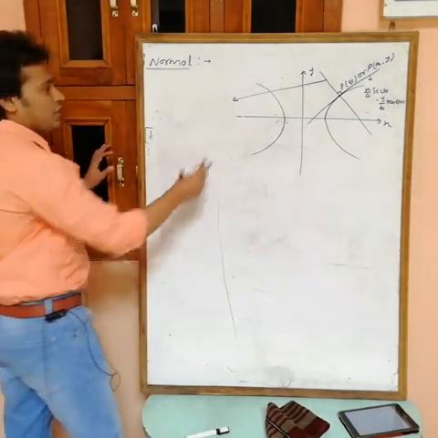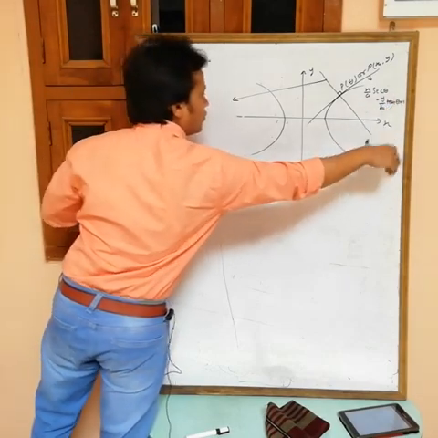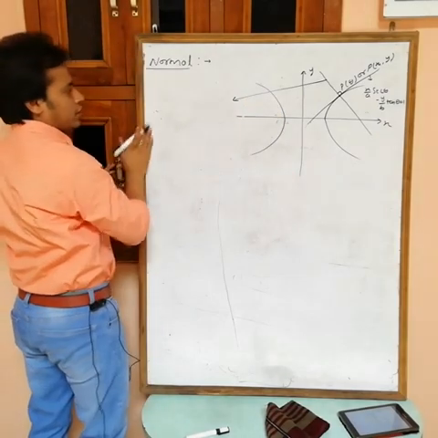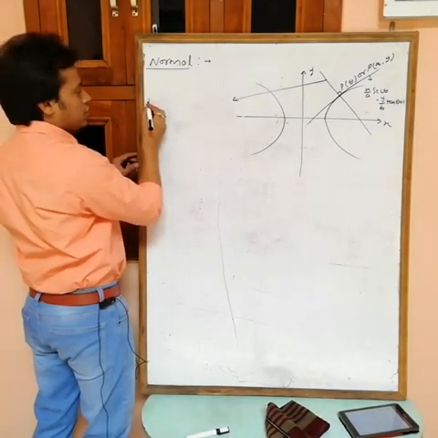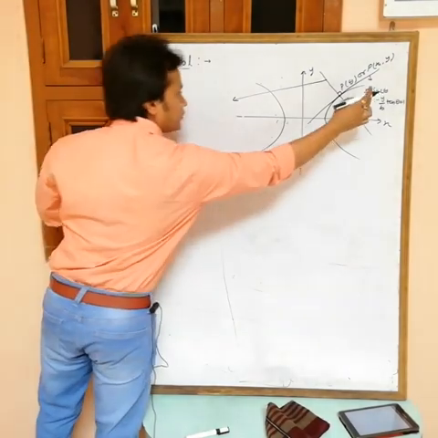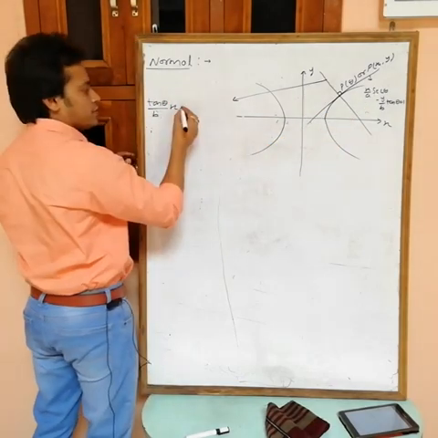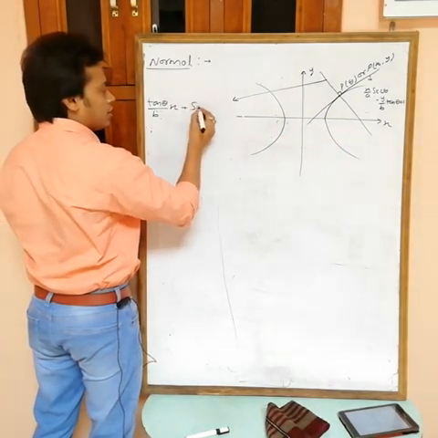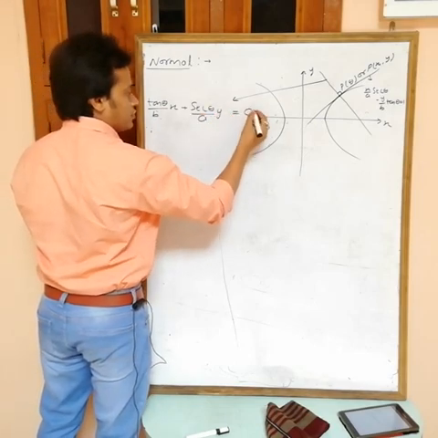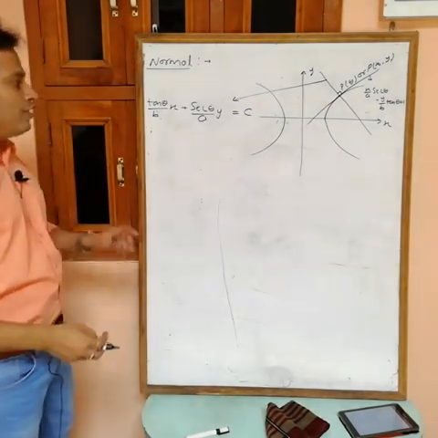So equation of normal at point P, can I write directly, let equation of normal be tan theta by b into x plus sec theta by a into y equal to c, because here we have minus, so in normal I am using plus sign, where c is an unknown constant, we have to find the value of c.